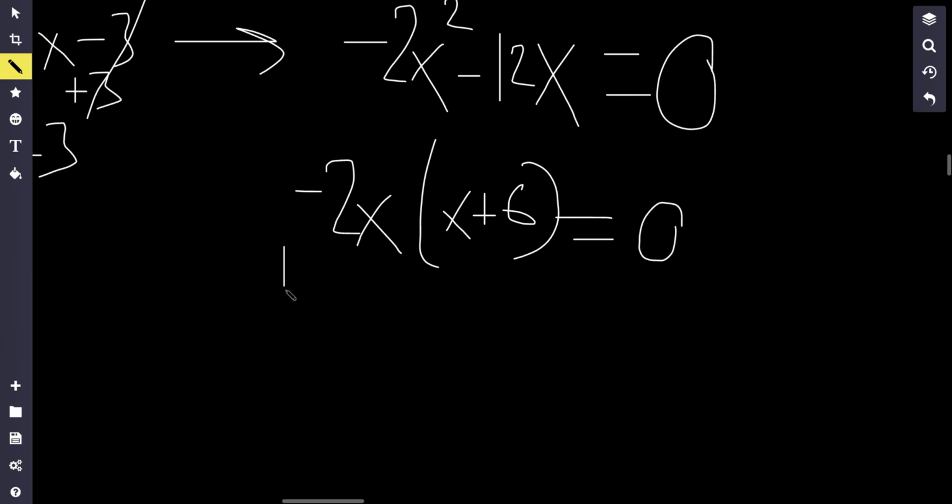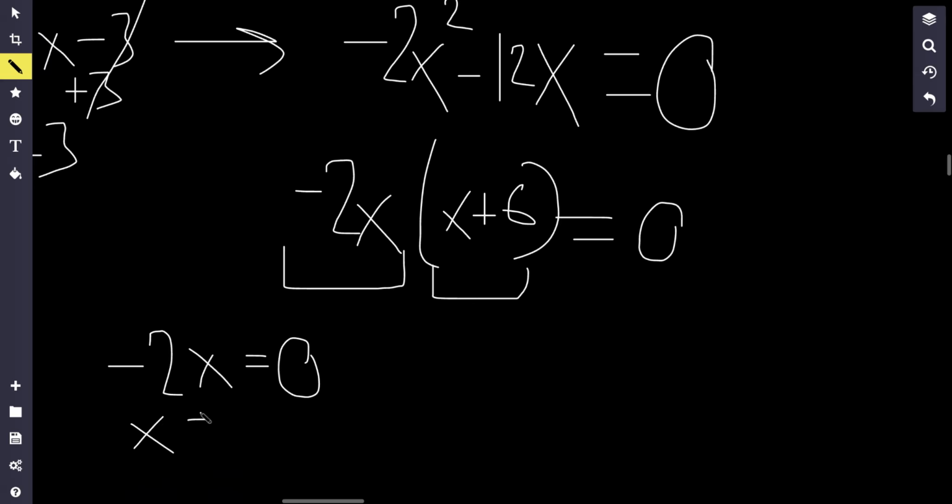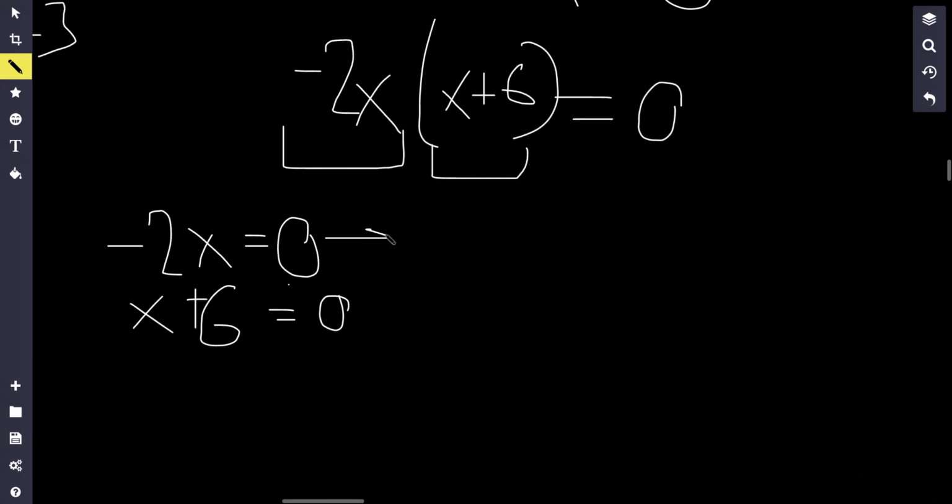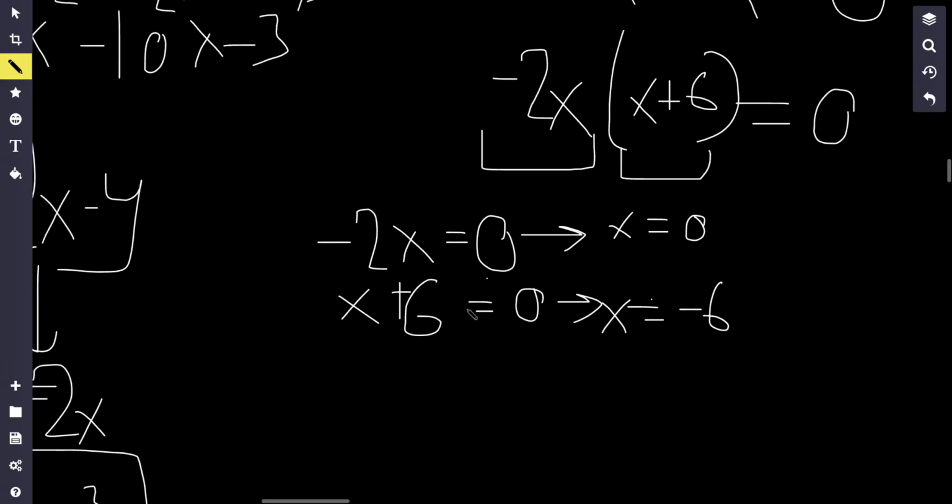Now, if I'm trying to solve this equation, either this part is equal to 0, or this x plus 6 is equal to 0. So either x is equal to 0, or x is equal to negative 6.